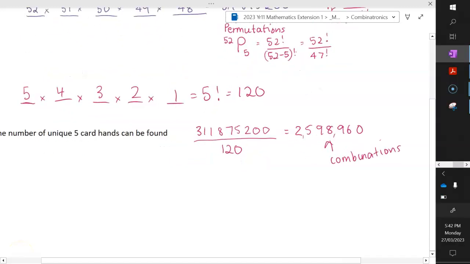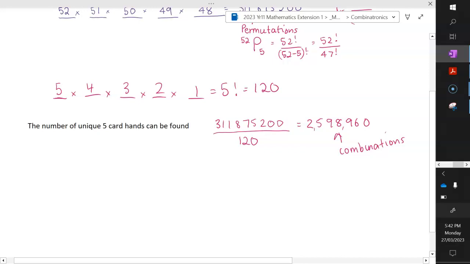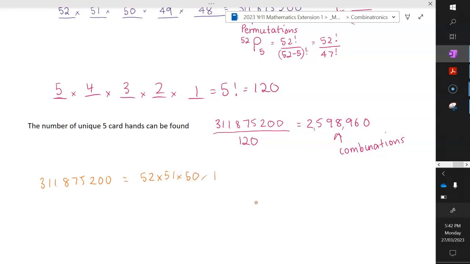So what I want to look at now is how we came up with these values. I'm going to pop in the formulas that we just did. My 311,875,200 I found by 52 times 51 times 50 times 49 times 48.